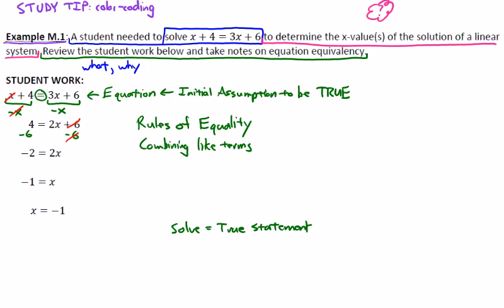Let's continue. Another rule of equality allows us to multiply or divide both sides of an equation by the same value, with one exception, and that is we cannot divide by 0. But we can divide both sides of the third equation by 2.